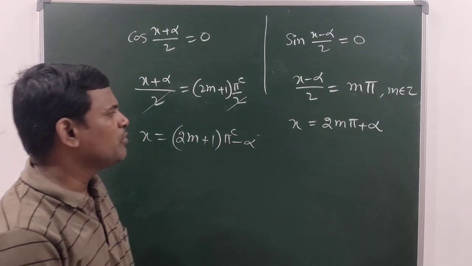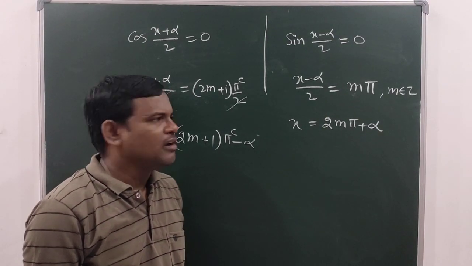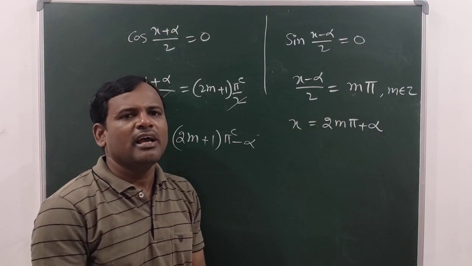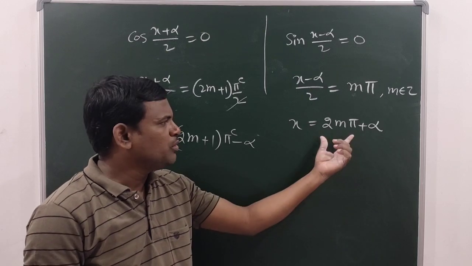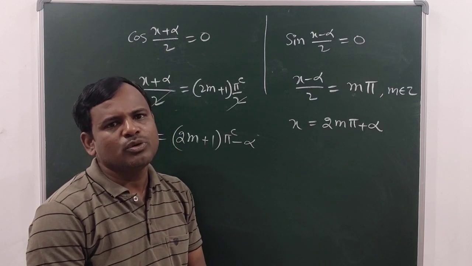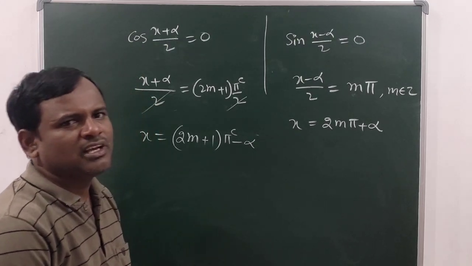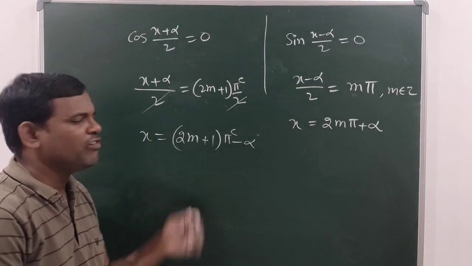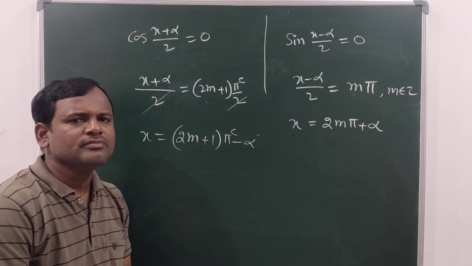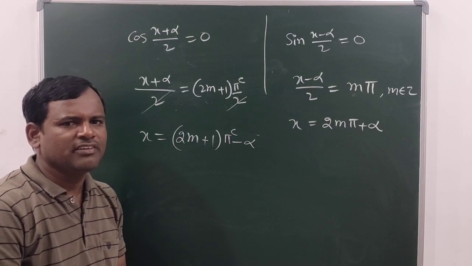When m is an even number, you get this one as the solution for the given equation. When m is an odd number, this one will be the solution for the given equation.